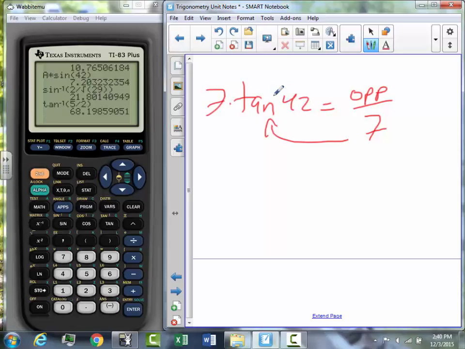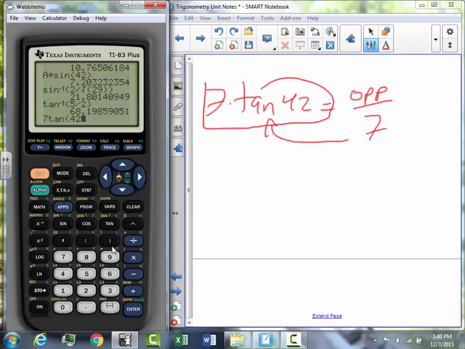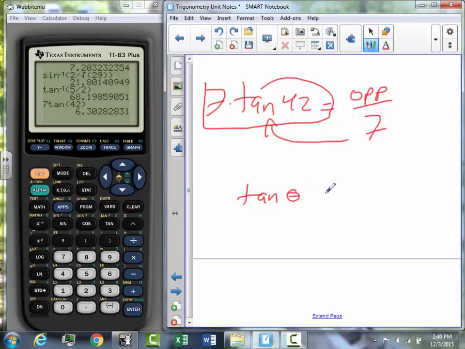Don't use the little -1 button on this one because you know this angle. So just type it in like 7 tan 42. Does that work? But if it was tan of an unknown angle equals 5 over 7, that's when you have to tan inverse in order to get rid of the tan. So you inverse tan for angles. You use regular tan if you have an angle.